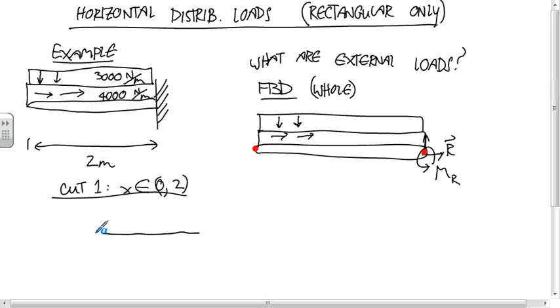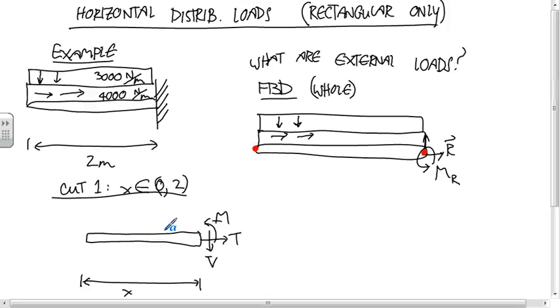And a representative free body is like this, where the total length is x. We know that we have the internal loads. And now that we've chosen the body to isolate, this chunk that's x meters long, we can represent the distributed load as a point force without changing the problem.